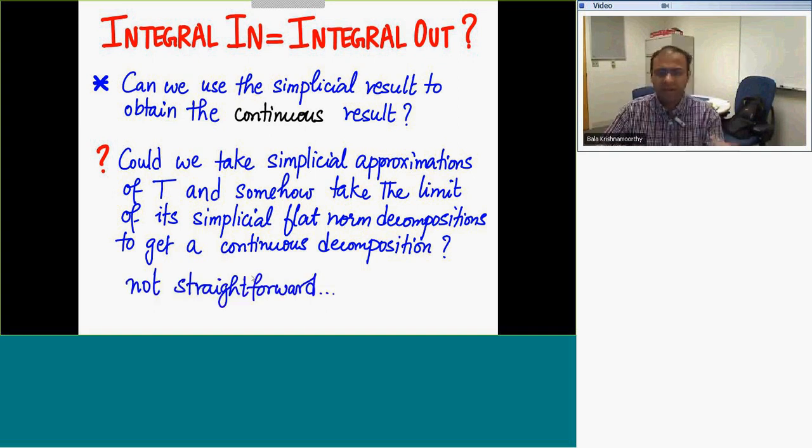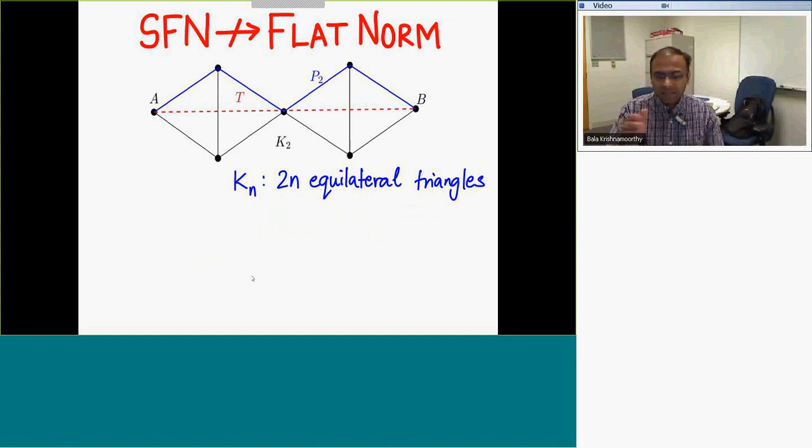There are several issues you have to circumvent, but here's one that I can illustrate quite easily. The simplicial flat norm need not converge to the continuous flat norm, even if the flat norm distance between the simplicial and the continuous current goes to 0. So here's a very simple example.